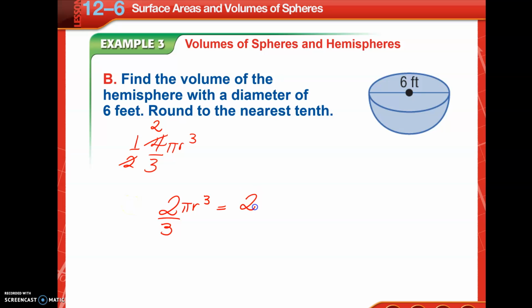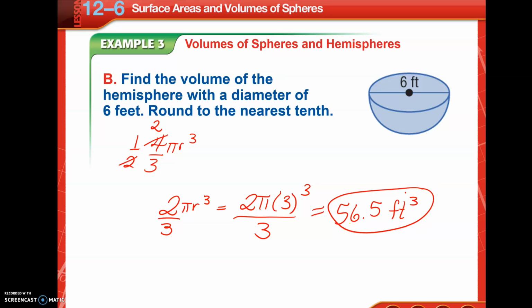So this would be 2 times pi times 3, because our diameter is 6, cubed, divided by 3. So 27 is 3 cubed, times pi times 2, and then divide by 3. I get 56.5 feet cubed, which is just half the volume of a sphere.